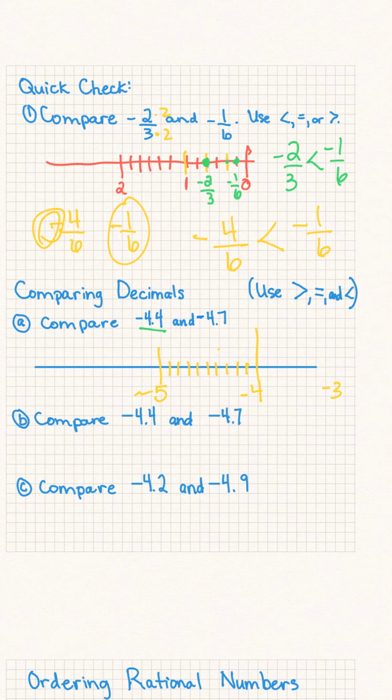Negative 4, and then 4 spots. 1, 2, 3, 4. Here's negative 4.4. And then here is negative 4.7. 4, 4.5, 4.6, 4.7.